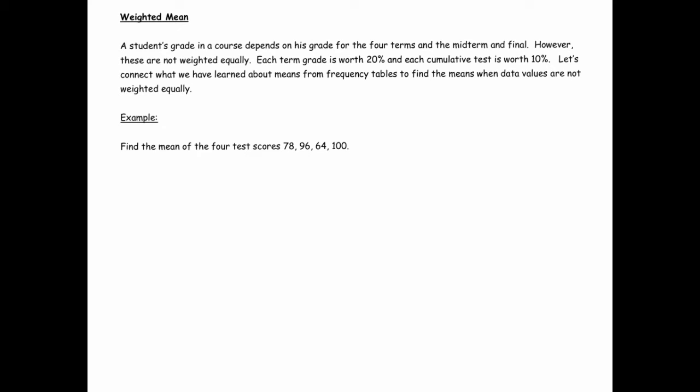What we're going to do is first just start with the idea that everything's weighted equally. So this says find the mean of the 4 test scores. And we're just going to assume these 4 tests are weighted equally.